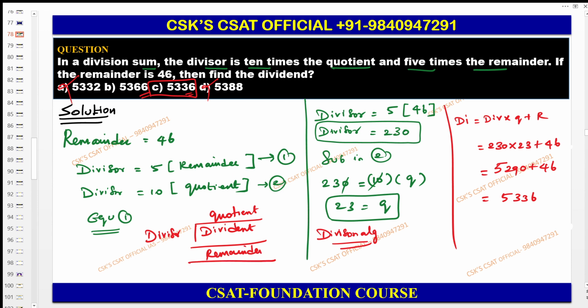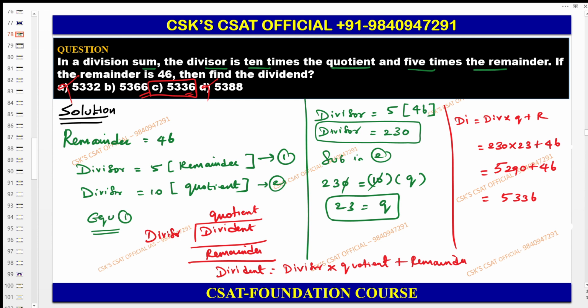So dividend is equal to divisor into quotient plus remainder. Nikita, understood? Yes, sir. You can use this one. So this is the division algorithm based problem. You need to learn these things.